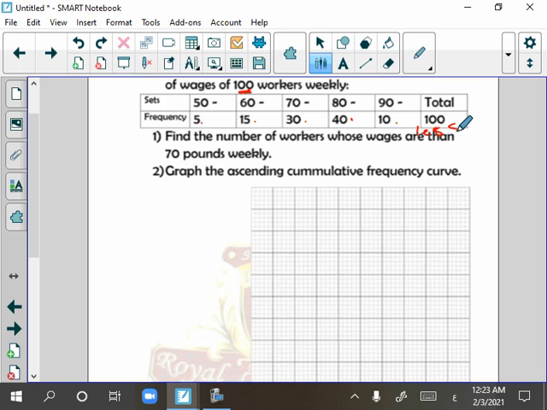The number of workers who earn less than 70 is 5 plus 15, which equals 20 workers.